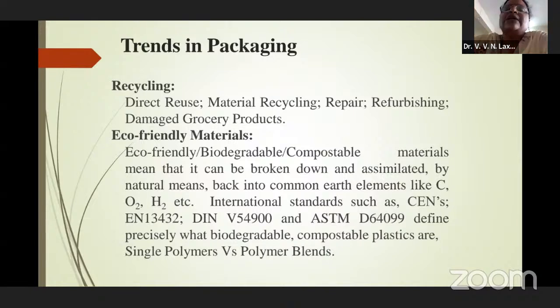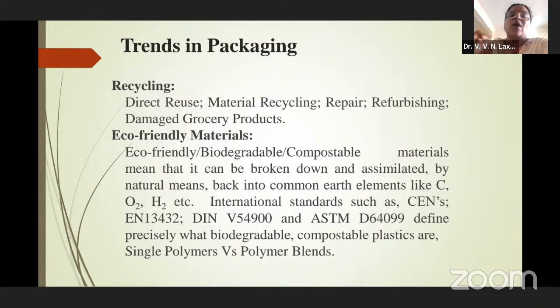Especially here we are talking about the materials and the refurbishing part of it, or the recycling part of it. Nowadays, companies are becoming more socially responsible, and hence, to keep the environment safe, they are talking about using recycled products for most of the products.